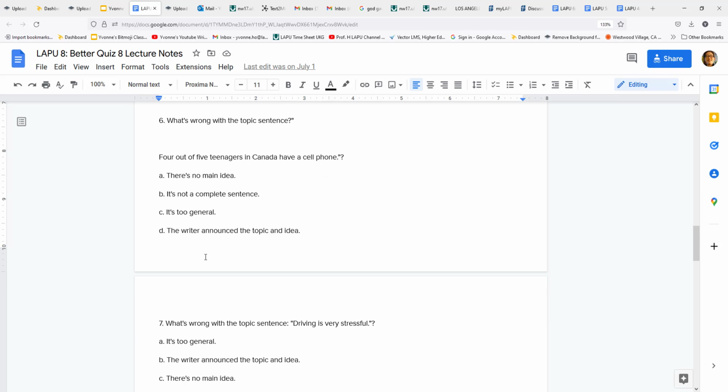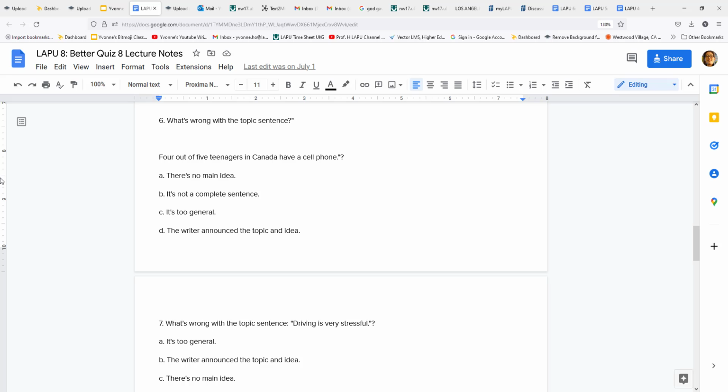What's wrong with the topic sentence? "4 out of 5 teenagers in Canada have a cell phone." It's too general, okay? Because you don't have a because. We studied earlier in the class that in order for a sentence to be specific, you need to have the what and the why. So: "4 out of 5 teenagers in Canada have a cell phone because teenagers love to talk with each other."